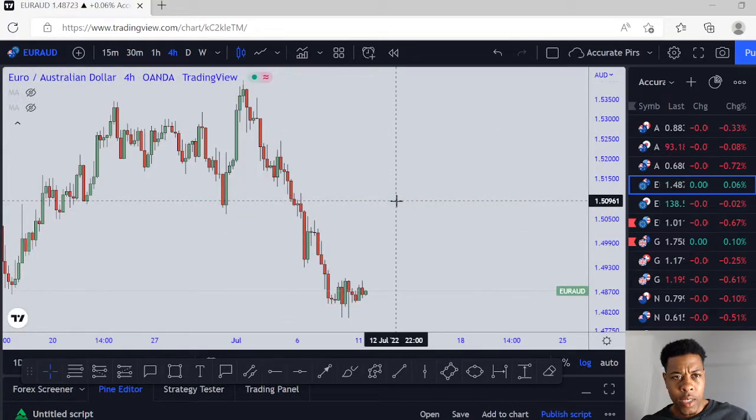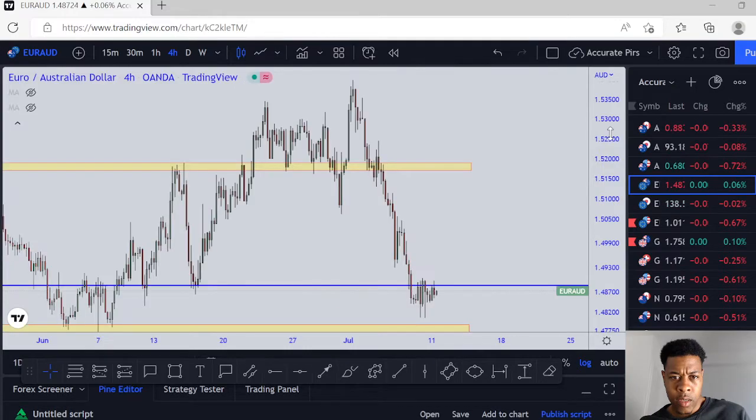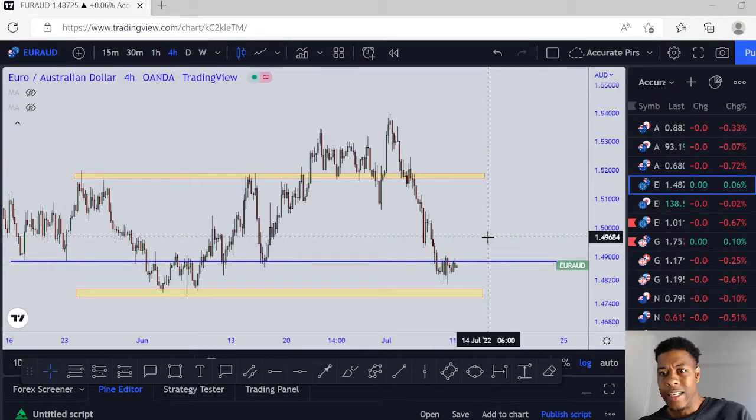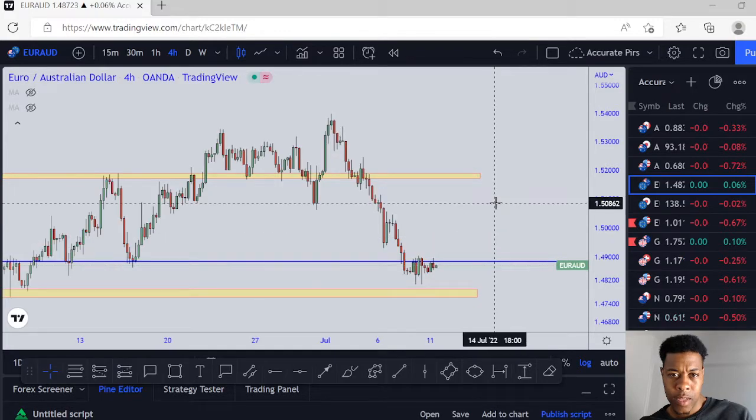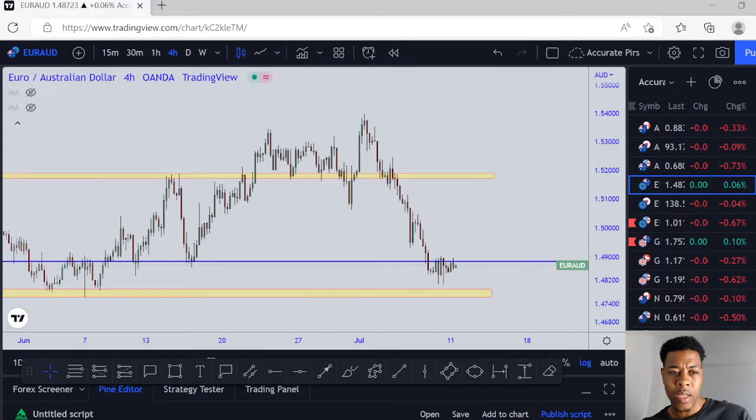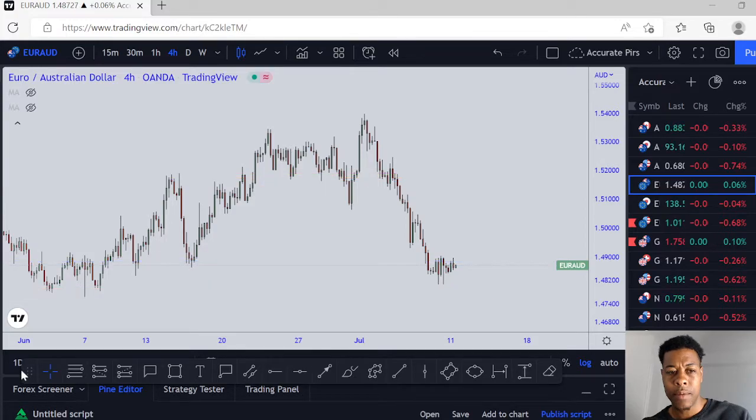Next, this pair is just kind of all over the place. I don't really see any nice structure giving me a setup. So let's look at it on a daily time frame.